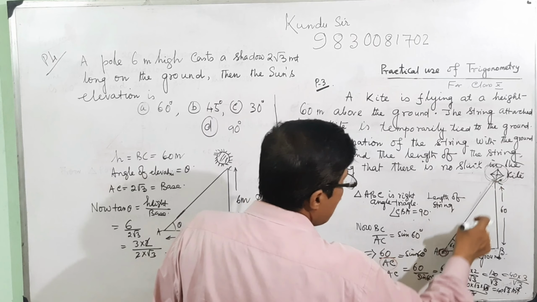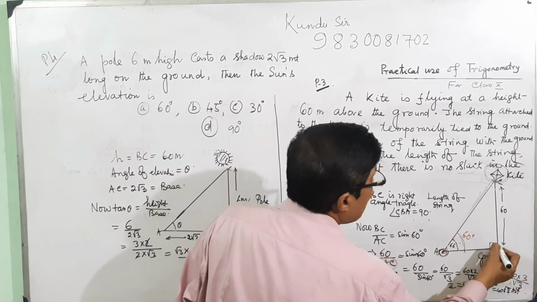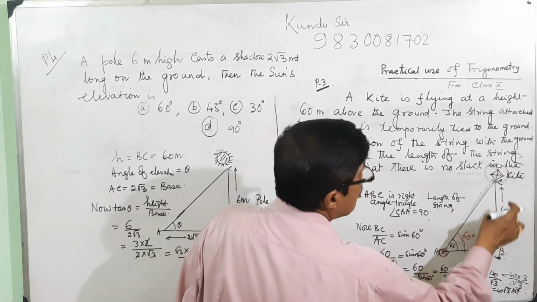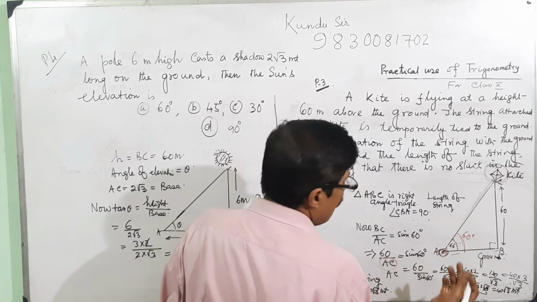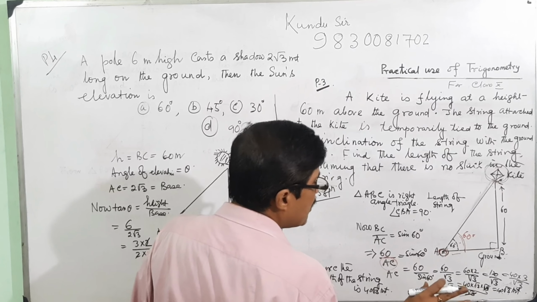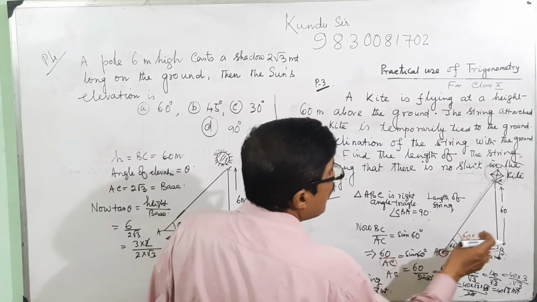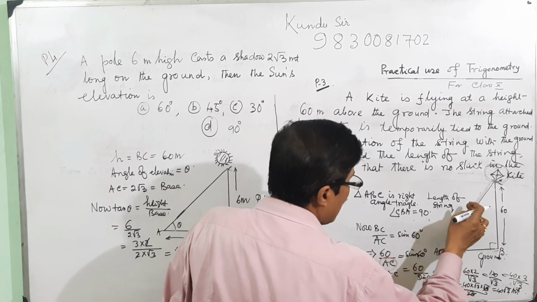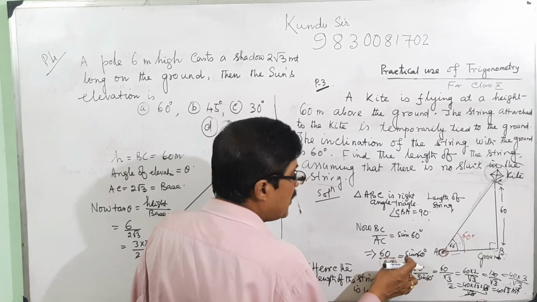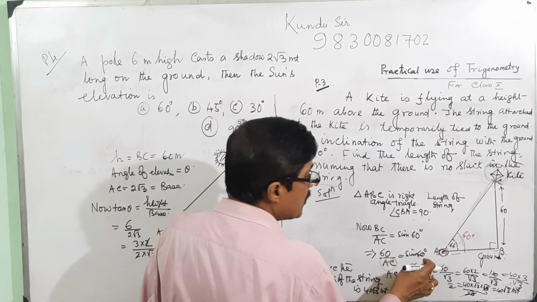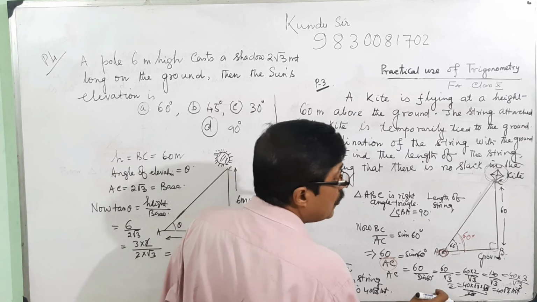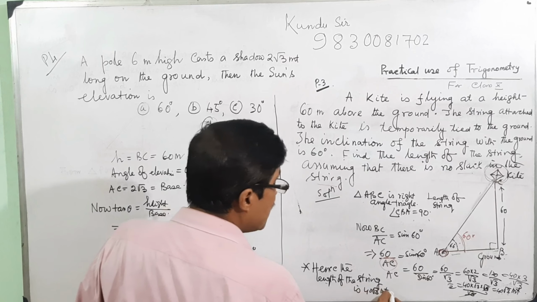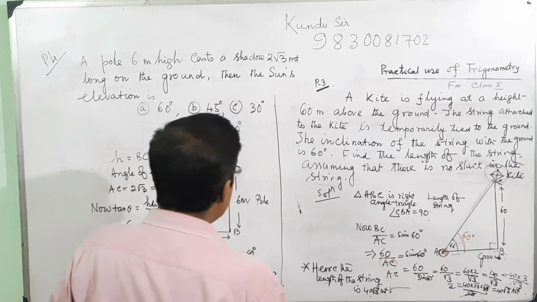ABC is a right angle triangle, the height equals 60, and the ground is not required here. Perpendicular upon hypotenuse equals sin theta, therefore AC equals 60 by sin 60, equal to 40 root 3 meter. Hence the length of the string is 40 root 3 meter.